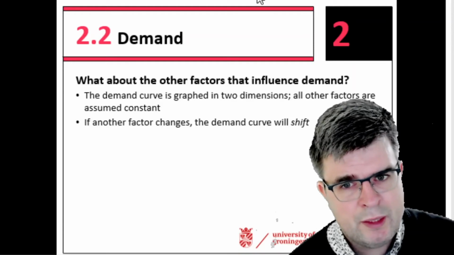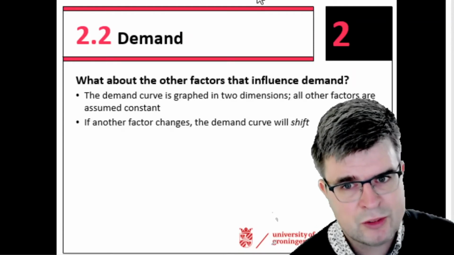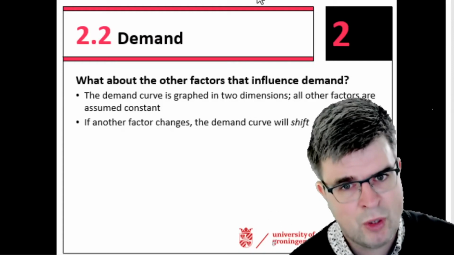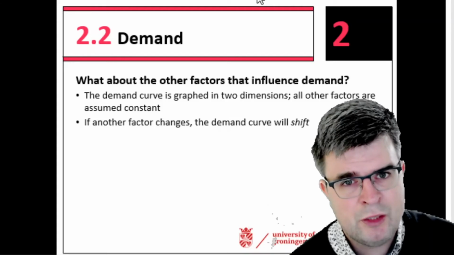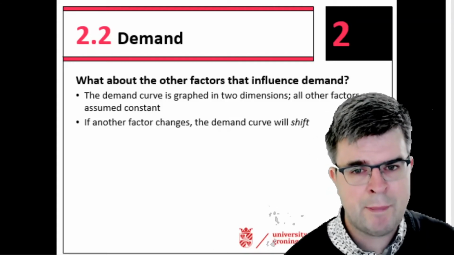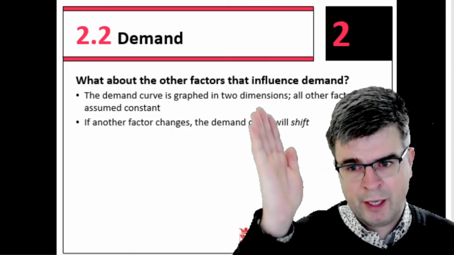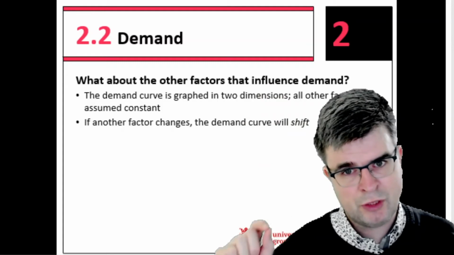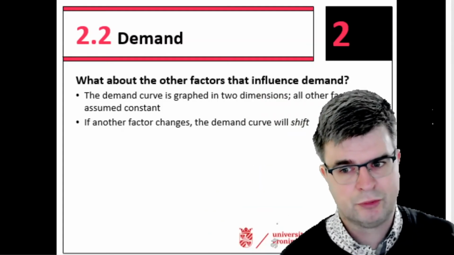So what we did is we abstracted from all these other dimensions, we kept them constant in order to enable us to graph the demand curve in 2 dimensions with only the price impacting the quantity demanded. If we change one of these other factors, what will happen is that the demand curve will shift. So we will get an inward or an outward shift of the demand curve. Whereas if we change the price, we get a movement along the demand curve.